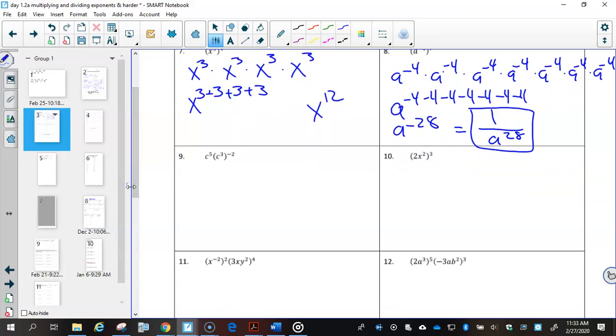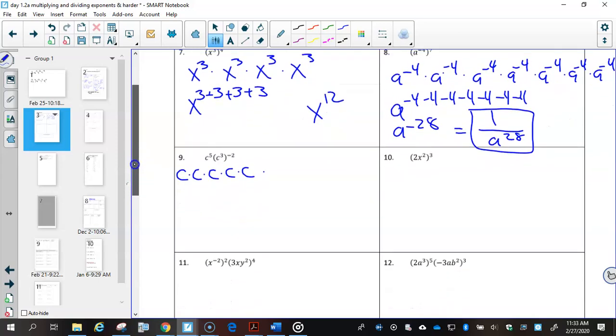Right here, we have c to the 5th. Here we have c to the 3rd to the negative 2. How do I want to do that one?